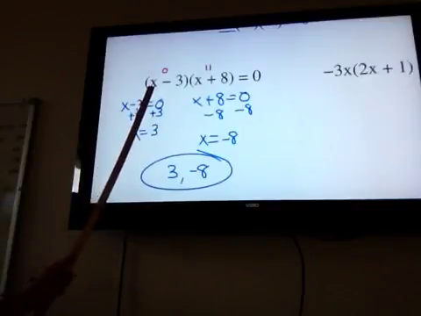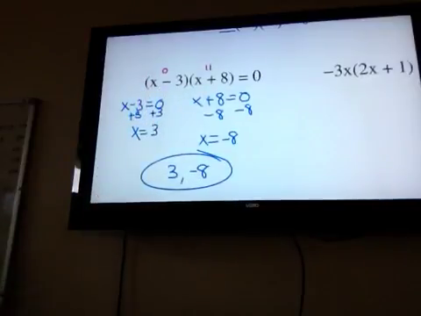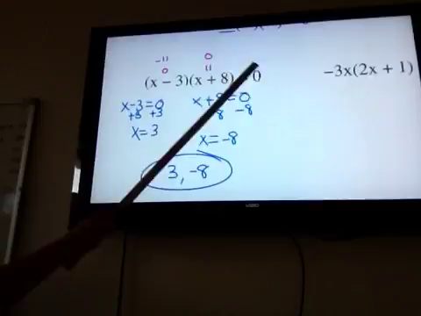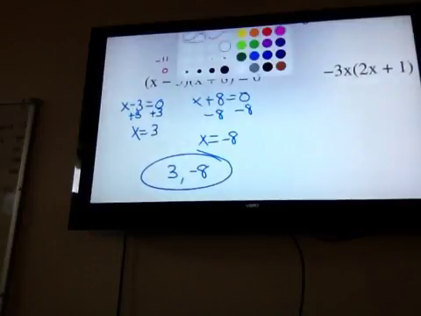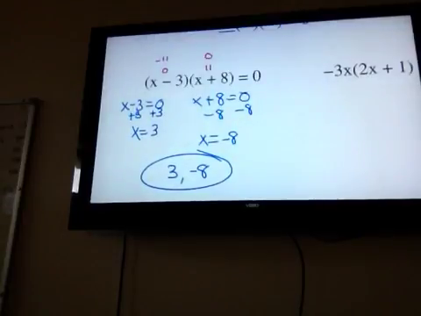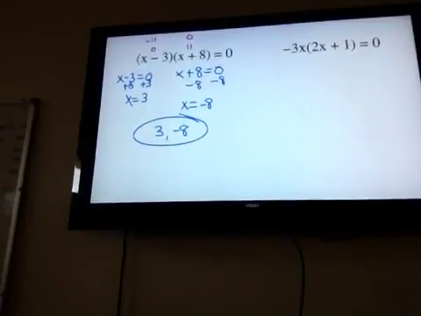Negative 8 minus 3 is negative 11. Negative 8 plus 8 is 0. And then negative 11 times 0 is 0. So the x value was not 0 for this. It was a different number, but it's giving me 0 when I plug those in. Now we're not going to check those every question, okay? I just want to show you that that's how it's working.